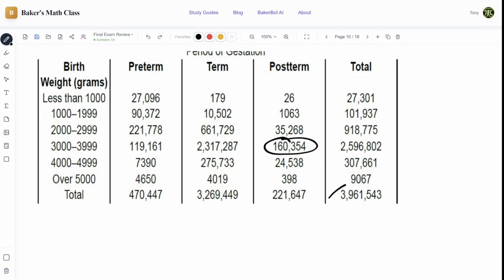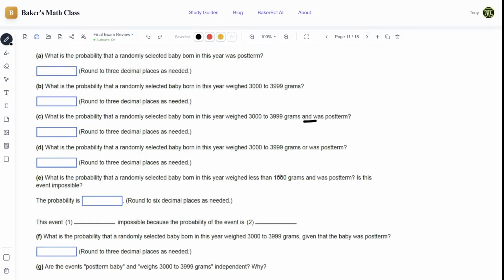The next one, the way it's worded: what's the probability that a randomly selected baby born this year weighed 3,000 to 3,999 given that the baby was post-term? Remember that given means we're looking at the total for that column.